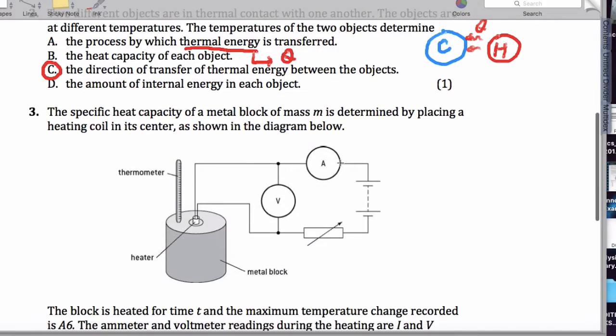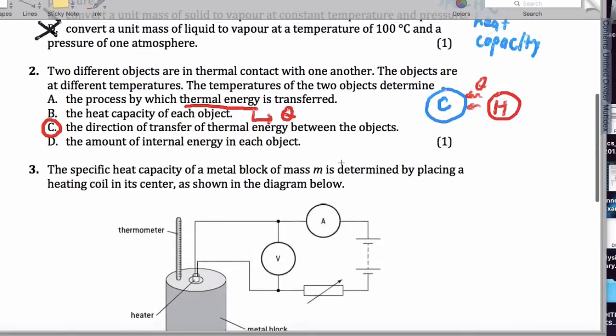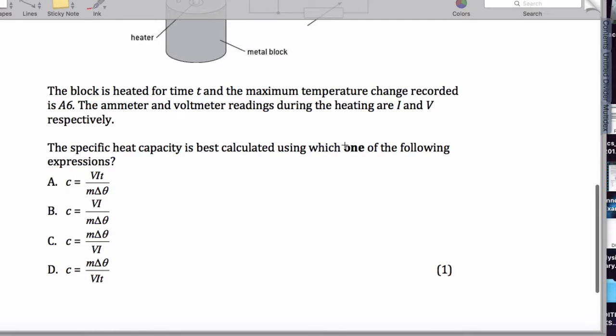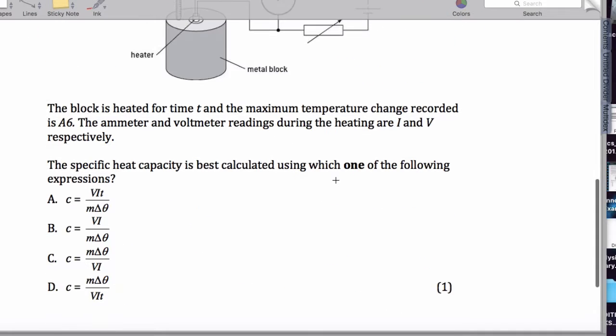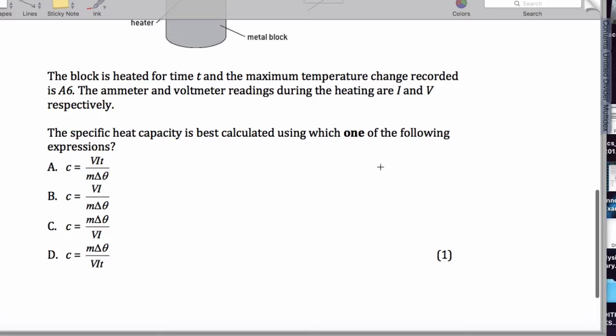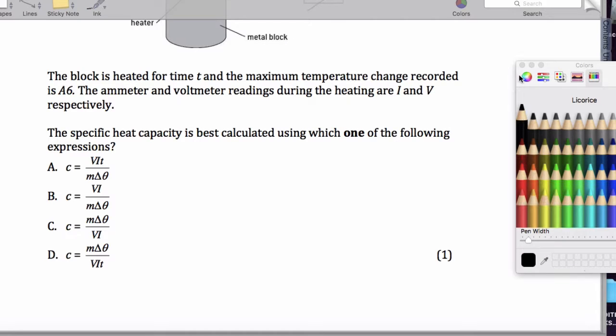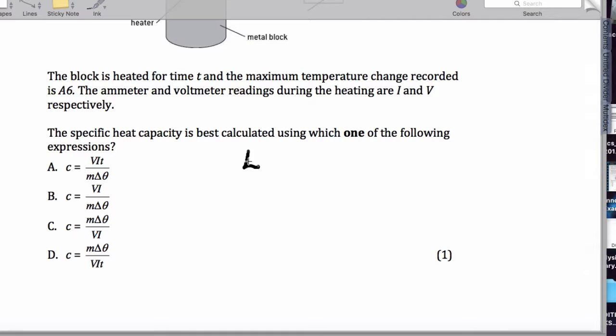Now, for number three. One thing we need to clear up, I actually gave this to everybody before break, but I pointed out that there is a quantity called electrical power that we're going to get to in January. Electrical power.